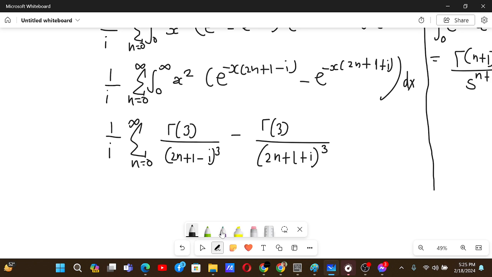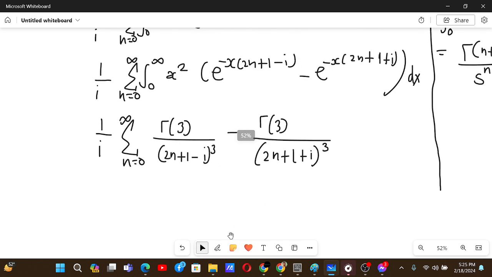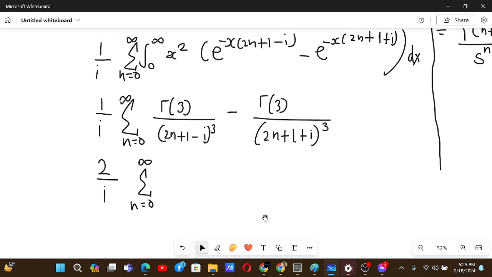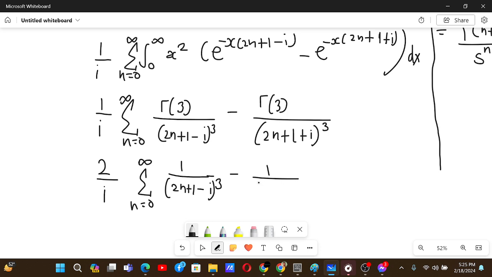For that, first of all, we can take the gamma of 3, which is 2, outside: 2 by i, sum from n equals 0 to infinity, 1 by 2n plus 1 minus i cubed minus 1 by 2n plus 1 plus i cubed.